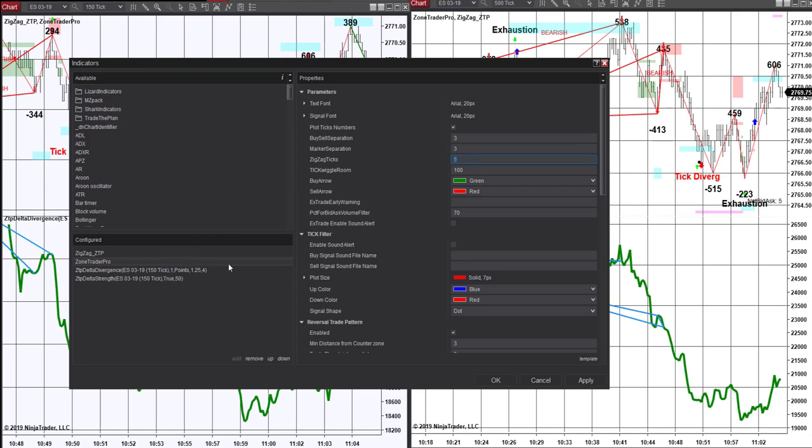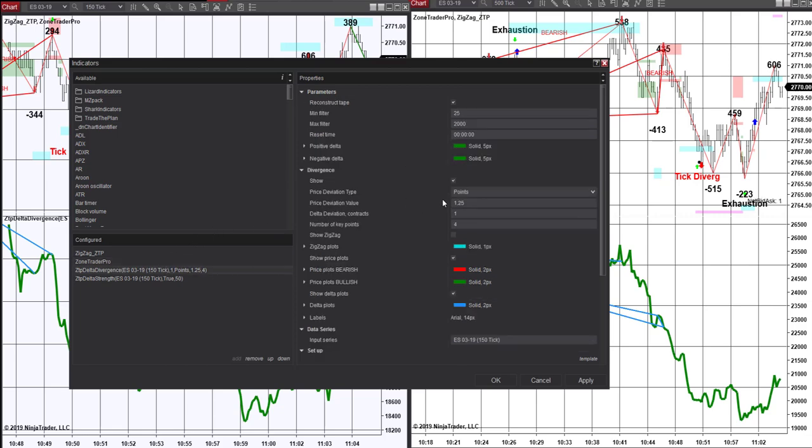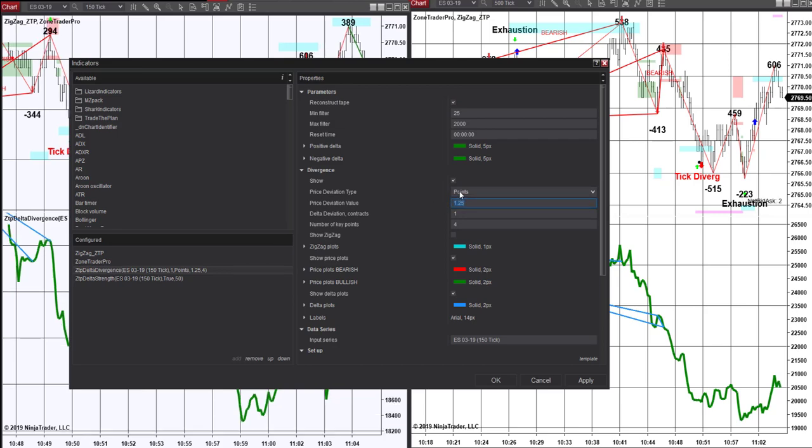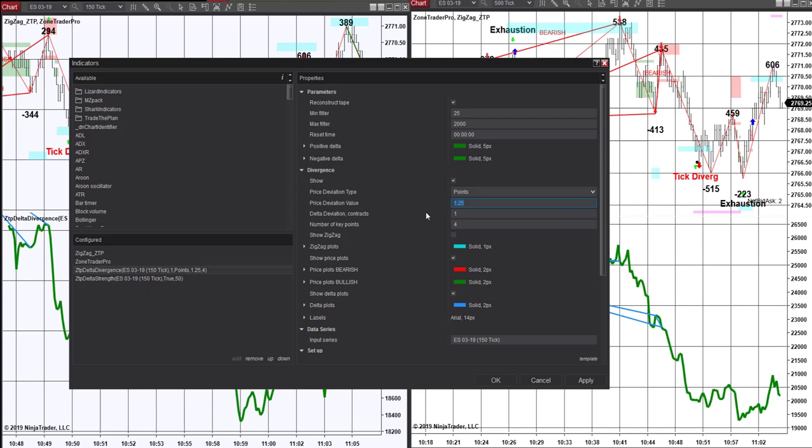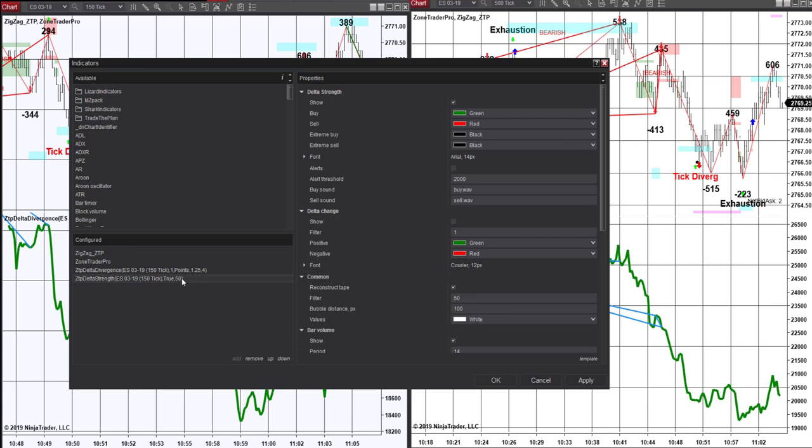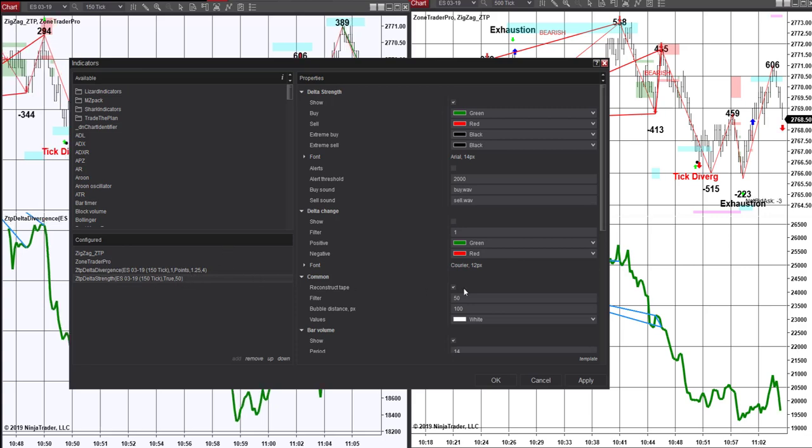We have delta divergence on here, and that needs to show either points or deviation value of 1.25, the same as the zigzag ZTP. And I'm going to come back to the delta strength and why that's important on this chart later, but for now I'm hiding that.